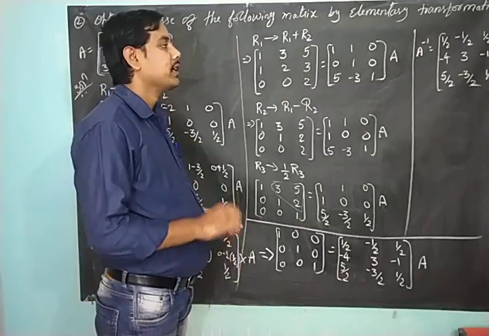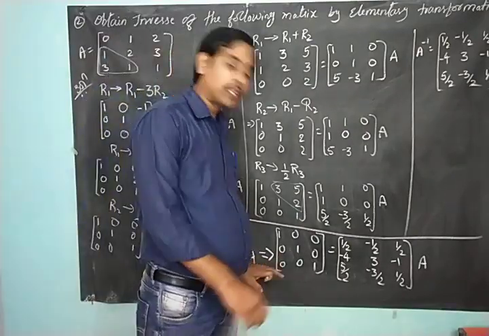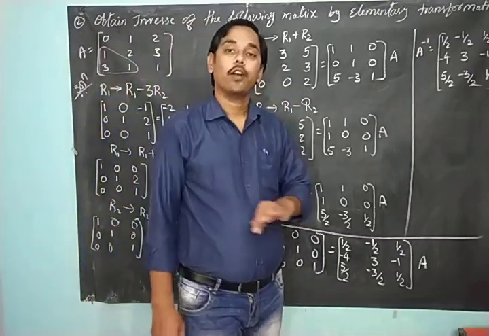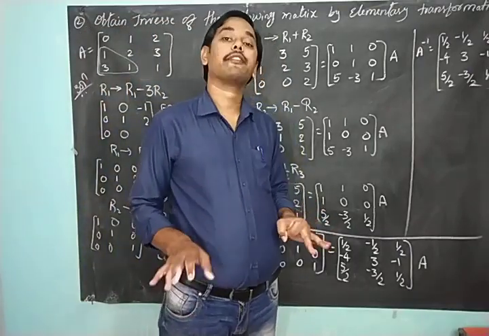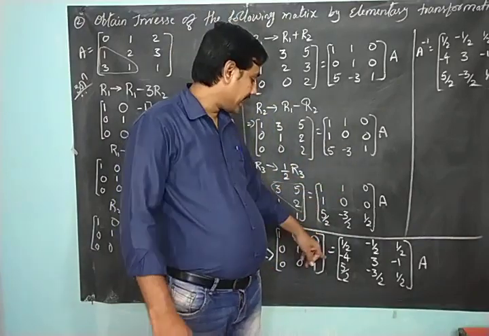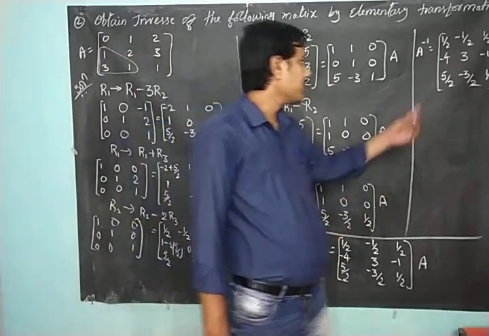So this is what the required inverse is. So you should carry on the transformation till you get the identity matrix on the left hand side. Once you get the identity matrix on the left hand side, whatever is there on the right hand side except A, that matrix will be your inverse matrix. So this is the inverse.